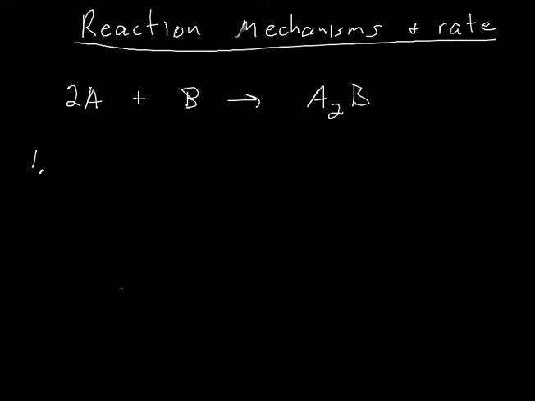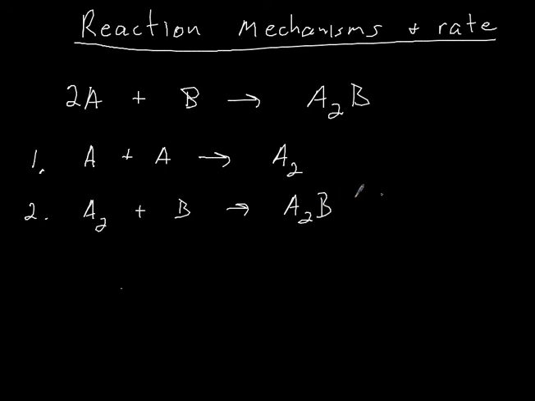An example of a two-step process of taking 2A plus B to make A2B might be that A combines with A to make A2. That would be step one. Then in step two, this A2 intermediate particle would combine with the B particle to make A2B.